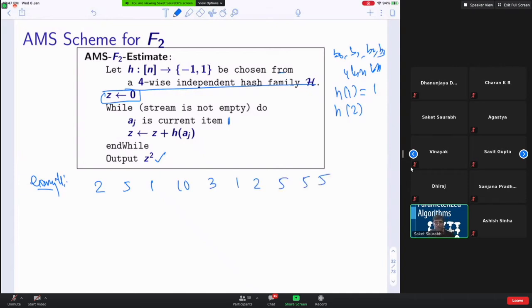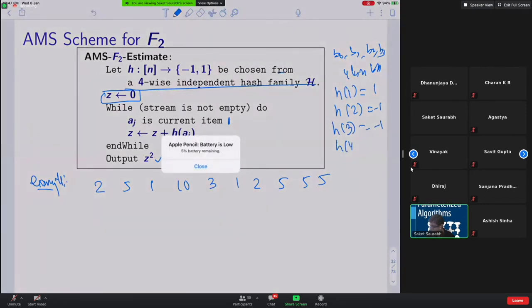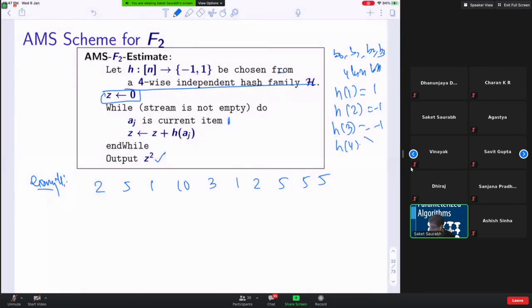And suppose my hash function is h of 1 is 1, h of 2 is -1, h of 3 is -1. h of 4 I don't know, we don't need it, so forget it. h of 5, let's put 1. We also have h of 10, let's put -1.